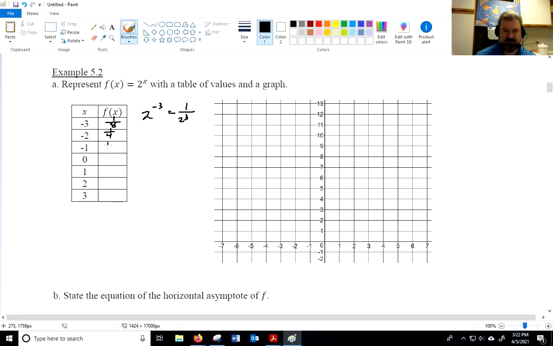Likewise, this is 1/4, 1/2. Anything to the 0 power is 1. 2 to the first is 2, 2 to the second is 4, and 2 to the third is 8. Let's plot these points. Over here at -3, we have something real small, and a little bit bigger, and then there. And then all of a sudden, it starts going really quickly upwards.